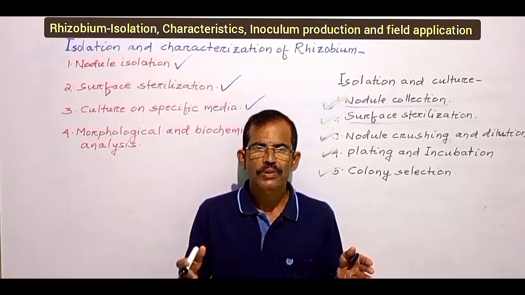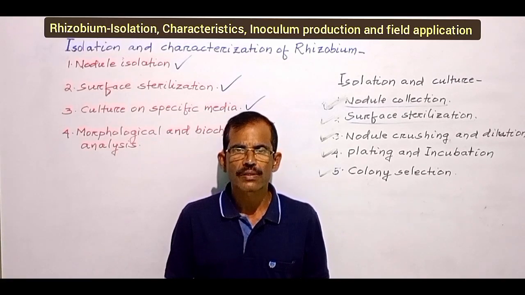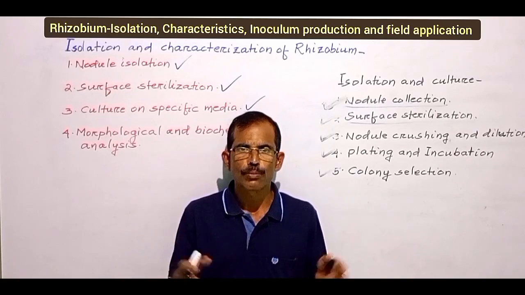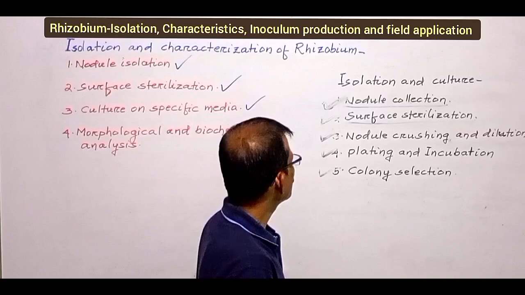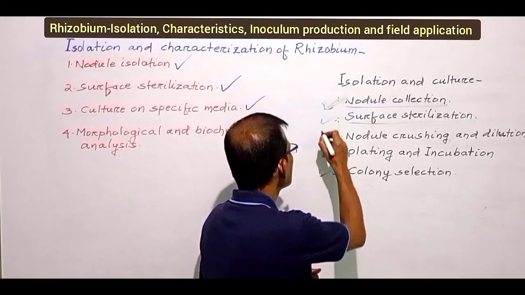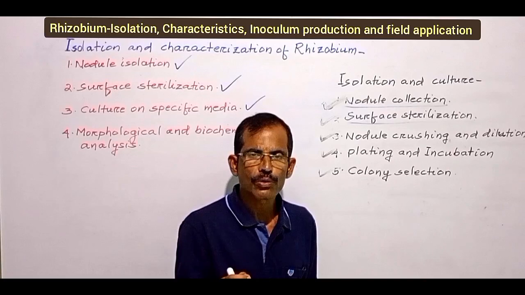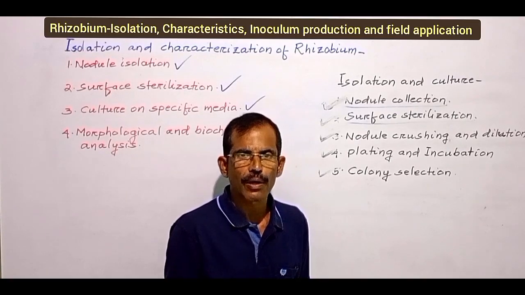Healthy root nodules are detached carefully from mature leguminous plants and are then cleaned by using distilled water to remove soil particles. The cleaned root nodules are then surface sterilized by using mercury chloride or sodium hypochlorite or 90% ethanol.